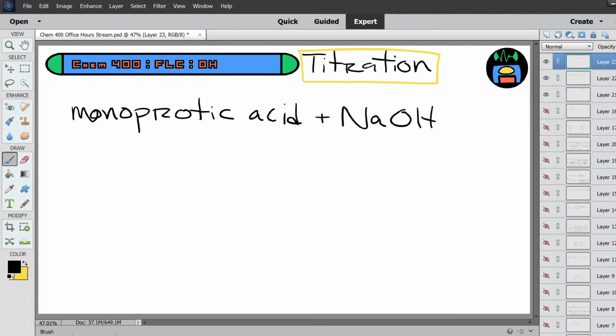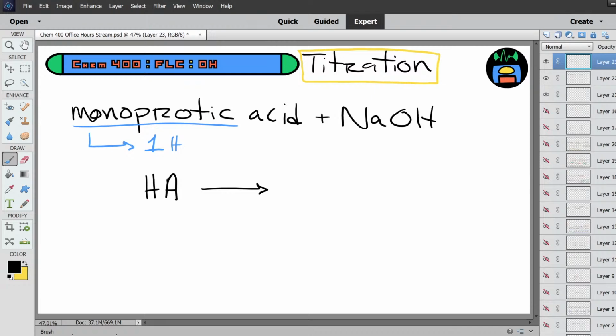A monoprotic acid, this word monoprotic literally means 1H. So that means that our monoprotic acid will have one hydrogen that's acidic, and the rest of the molecule. Now, when this reacts, an acid is a proton donor, right?